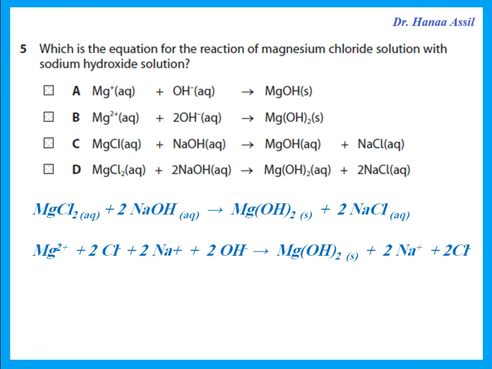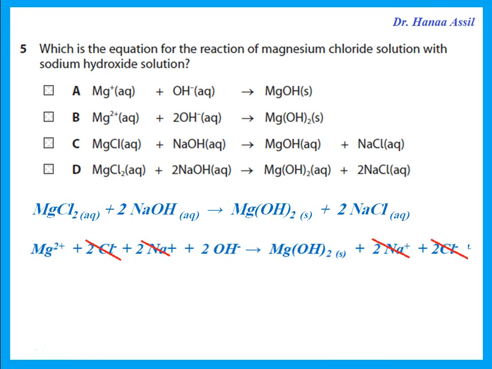So I have this equation to show the ionized solutions. And then we cancel whatever is the same on both sides of the arrow. What am I left with? I'm left with the magnesium ions, which are aqueous, hydroxide ions, which are aqueous, and the magnesium hydroxide, which is a solid.